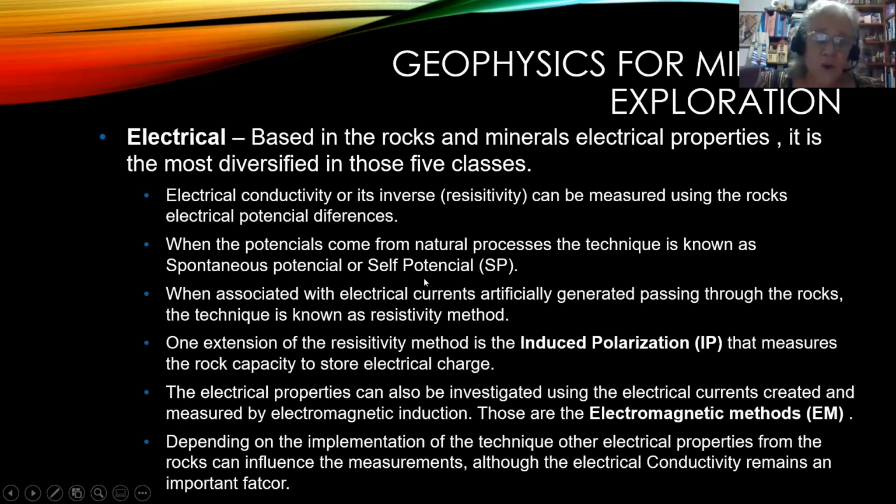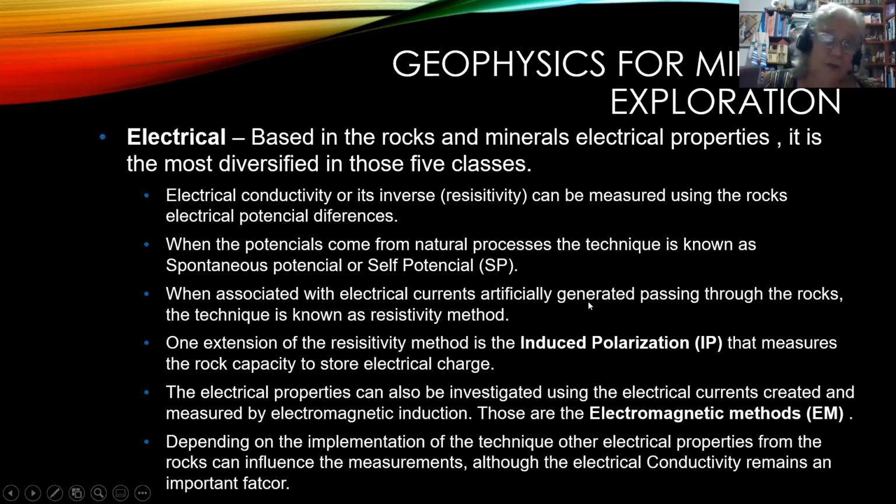We can also use the potentials from natural processes, and the technique is known as spontaneous potential or self-potential. When associated with the injection of electrical current that is passed through the rocks, it's known as the resistivity method.